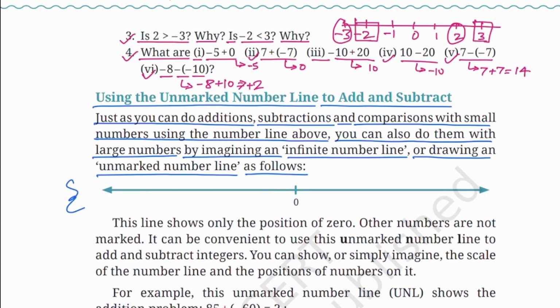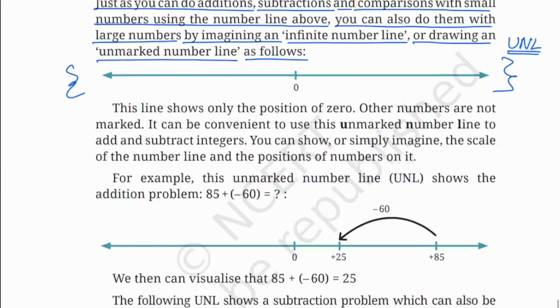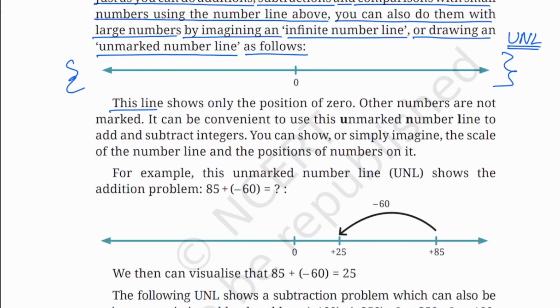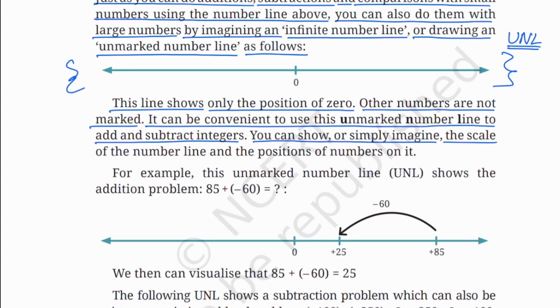You can see here an unmarked number line, known as UNL. This line shows only the position of 0. Other numbers are not marked. It can be convenient to use this unmarked number line to add and subtract integers. You can show or simply imagine the scale of the number line and the position of numbers on it.